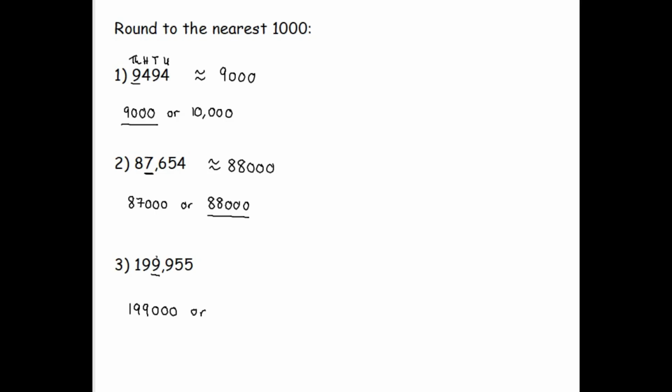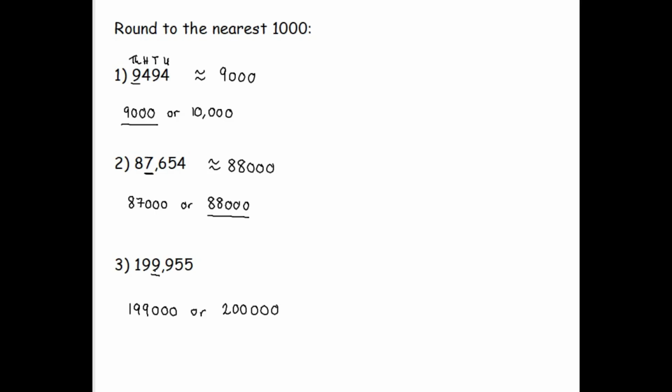Well, what's 1,000 bigger than 199,000? Well, 1 bigger than 199 is 200. So 1,000 bigger is 200,000. So we've got either 199,000 or 200,000 as our answer.